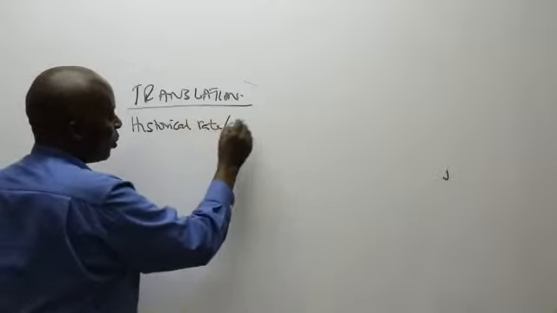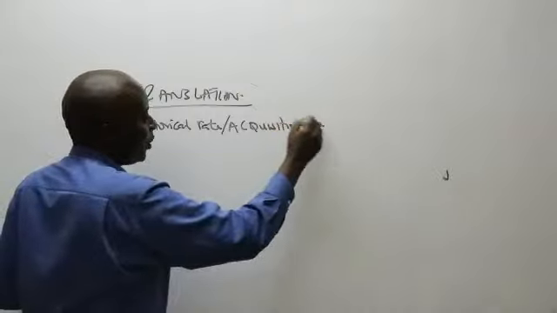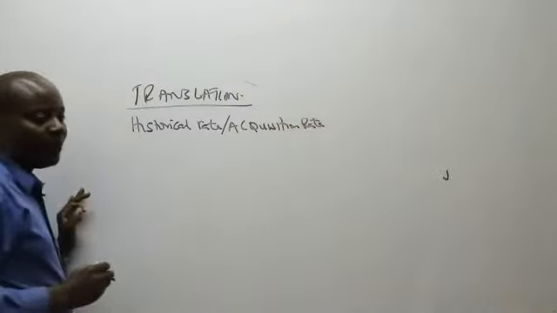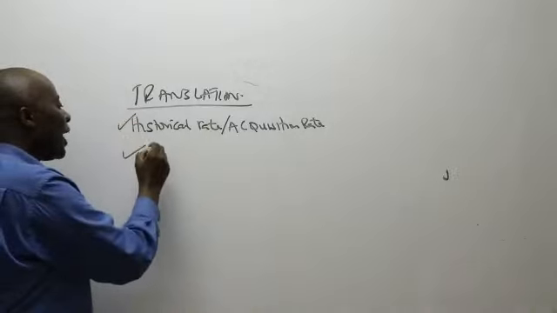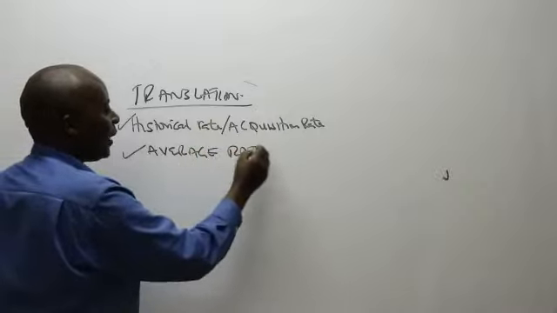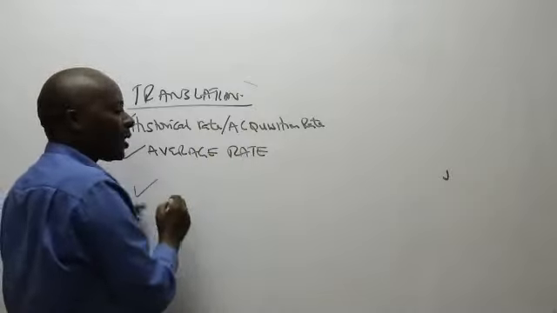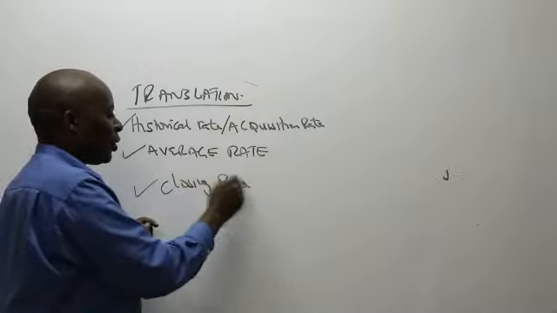At times we get some books calling it the acquisition rate, exchange rate. All right. You'll be given the closing, or rather the average first, the average rate. And then lastly, you'll be given the closing rate.